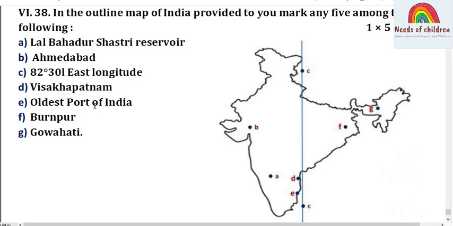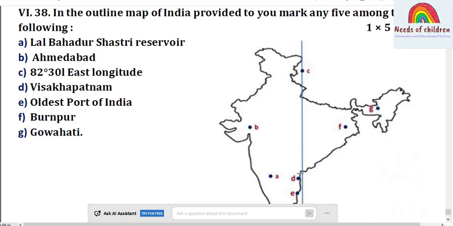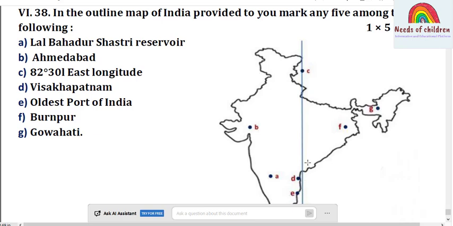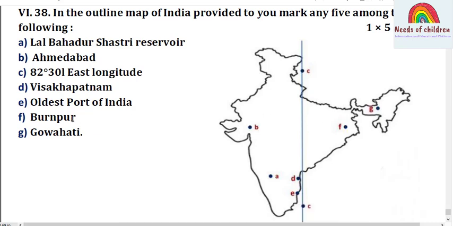And Vishakhapatnam is in Andhra Pradesh. The oldest port of India is Chennai. And Burnpur is located in West Bengal. And Guwahati, in Assam, has an international airport.